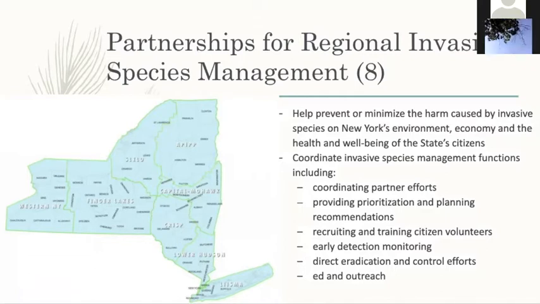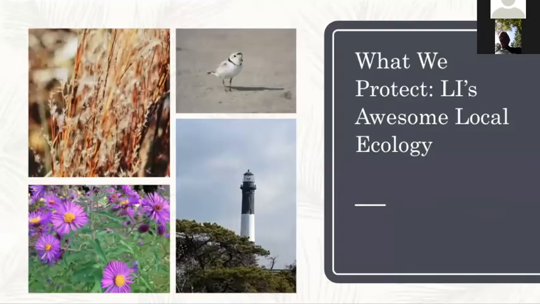And it's really important to us to spread the word. The more people that are aware of invasive species, the better. We also do early detection monitoring and often direct control as well. And we'll get a little bit more into that. But really, again, the goal is to protect Long Island's awesome local ecology.